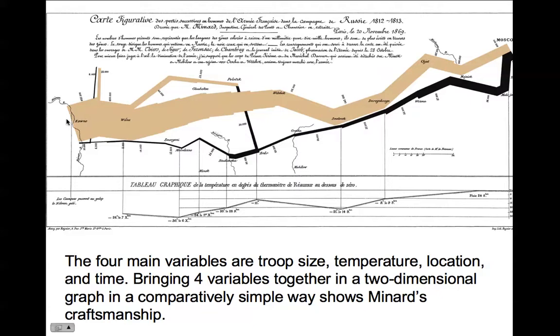So the width of the line is the size of Napoleon's troops, 424,000 soldiers when he crossed the river. He attacked all the way to here, Moscow, and then retreated all the way home. And by the time he crossed back over, he had 10,000 soldiers left of 424,000. And he was captured then on the border of East Germany and Poland a short time later.